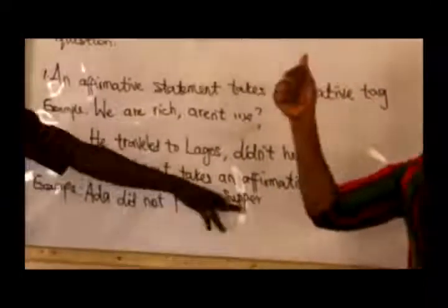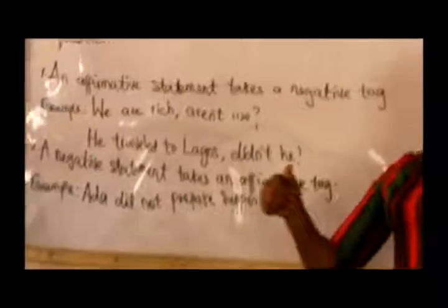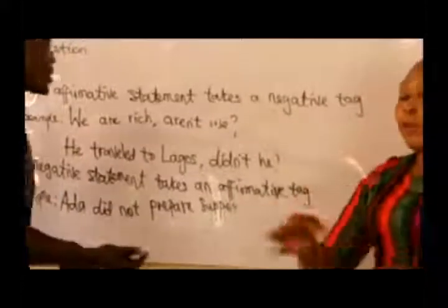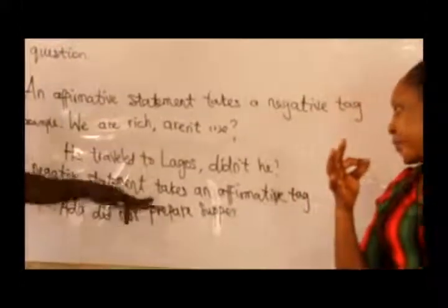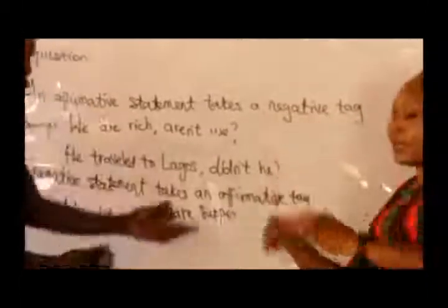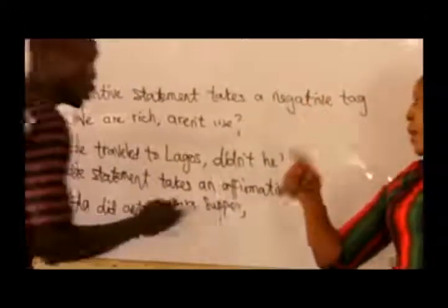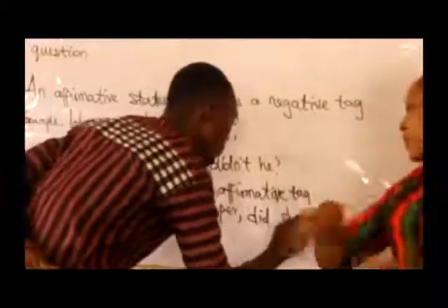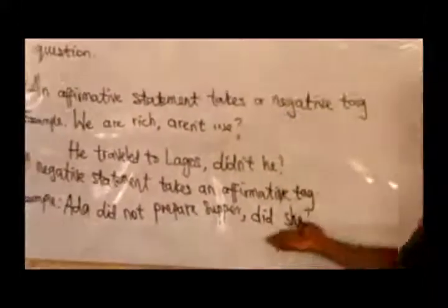Ada did not prepare supper. She didn't prepare supper. It's in the negative. She didn't do it. Now we say that a negative statement takes an affirmative or positive tag. So what do we put here? We now say, did she? Did she? See? You can have some other examples.